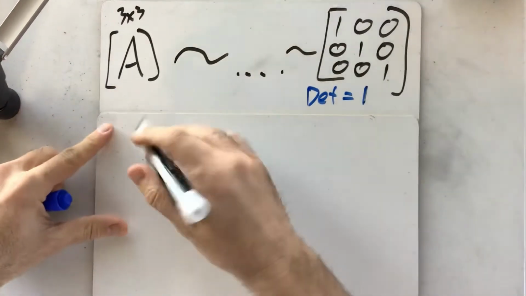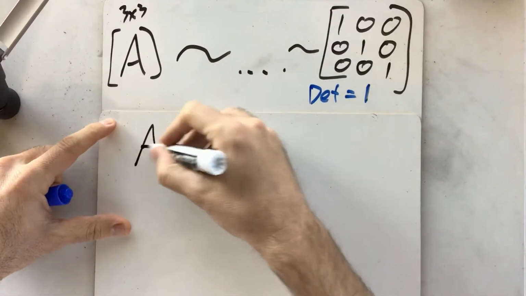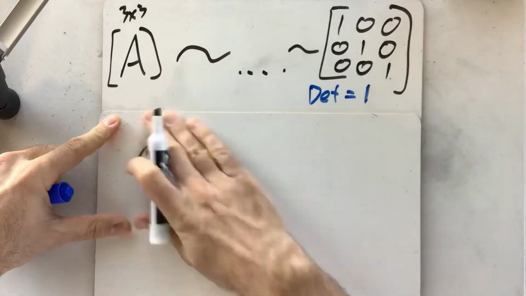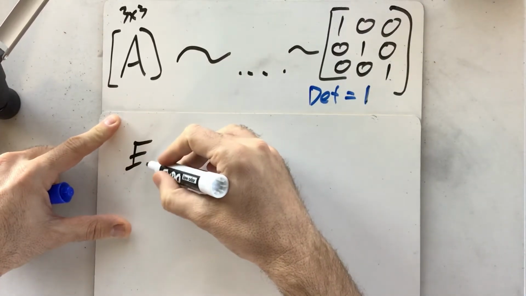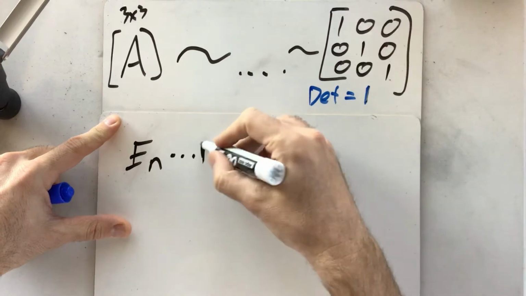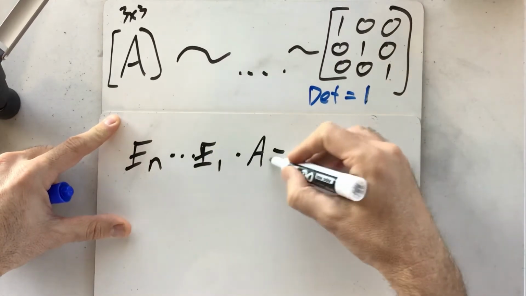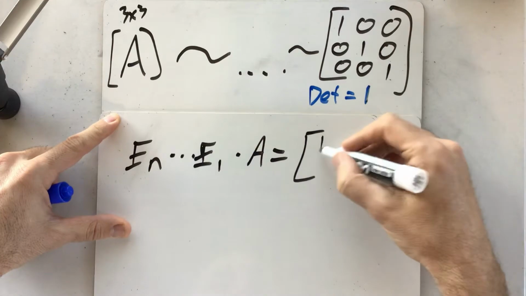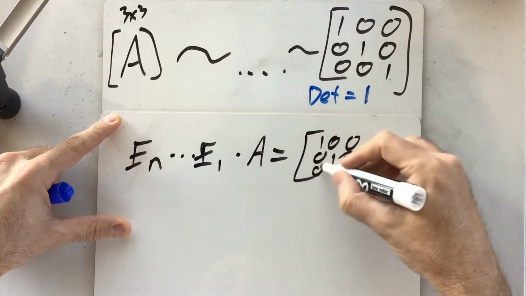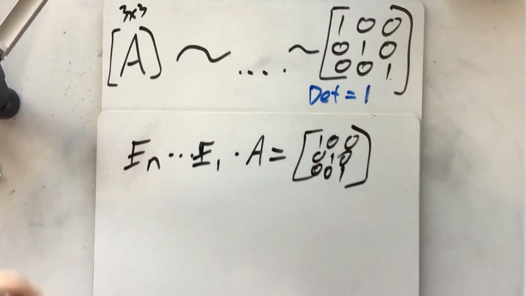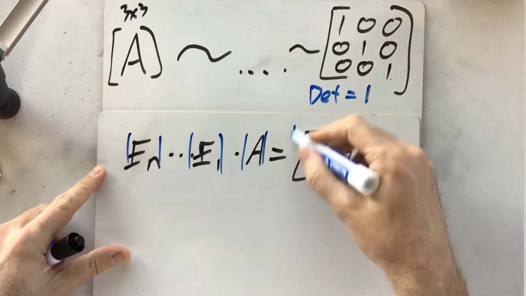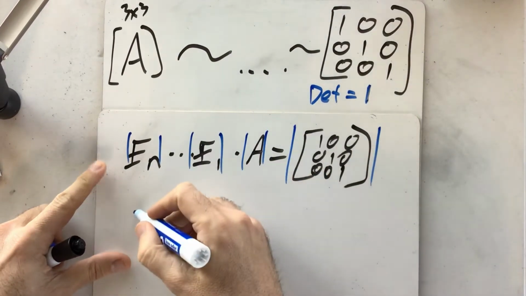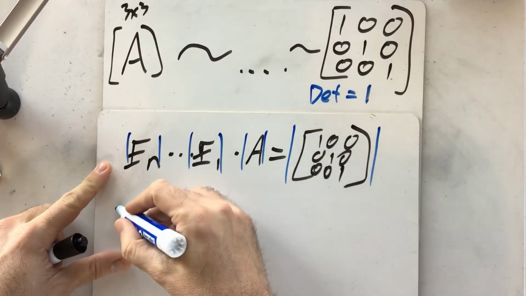Well, what we know is that if A reduces to this matrix right here, then we have a bunch of E's, E_n up to E_1, times A, equal to this thing. And what we know is that for each of these E_n, the determinant of them is either 1, or minus 1, or k.